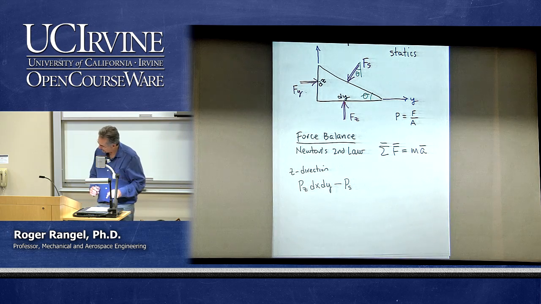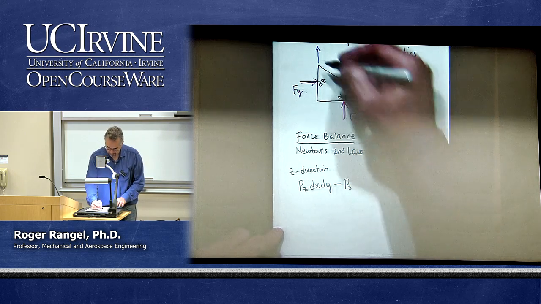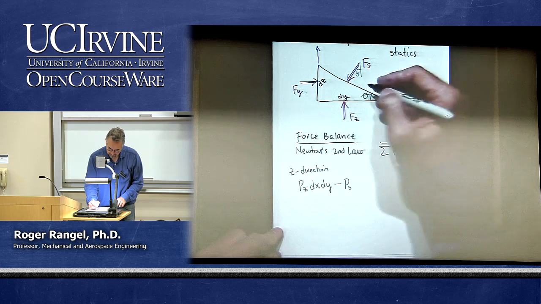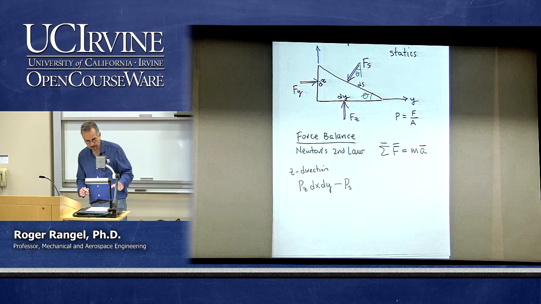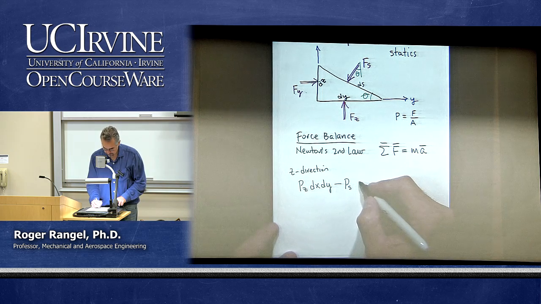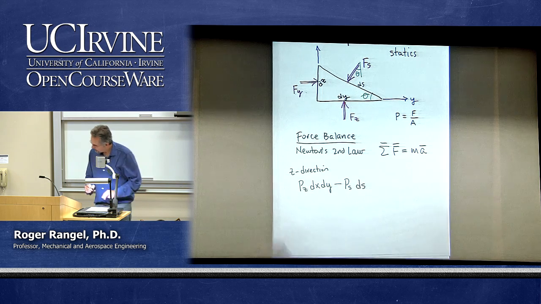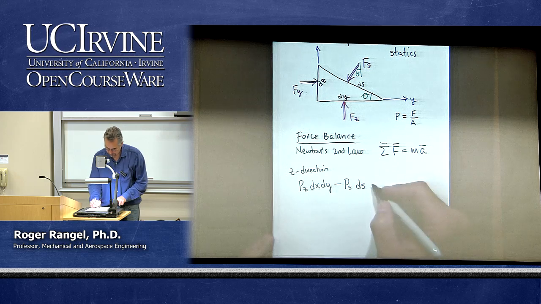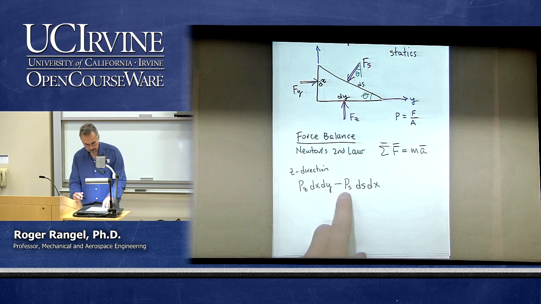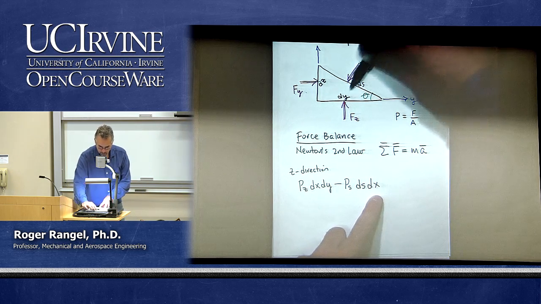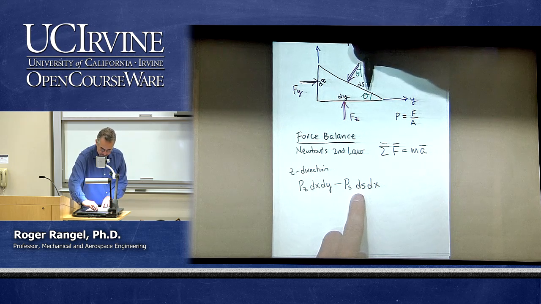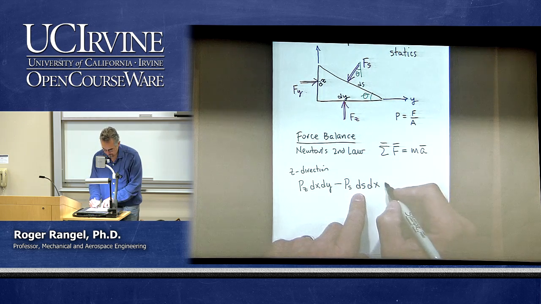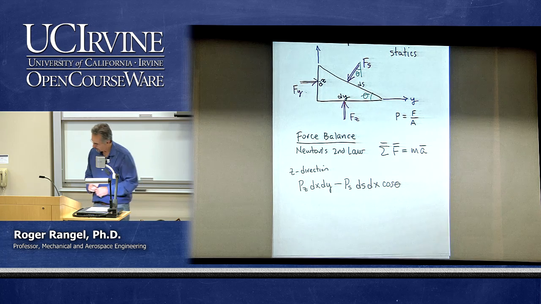P sub s, and then the area is, let's say that this distance is ds, this hypotenuse of this triangle, times dx, right? Pressure times area gives me the force, so that's the F sub s. But now I need the vertical component, so I need to multiply this times the cosine of theta.